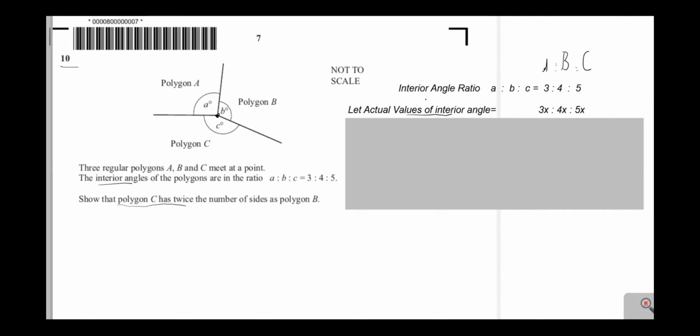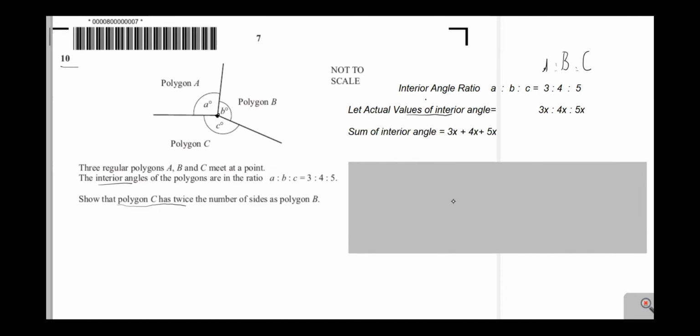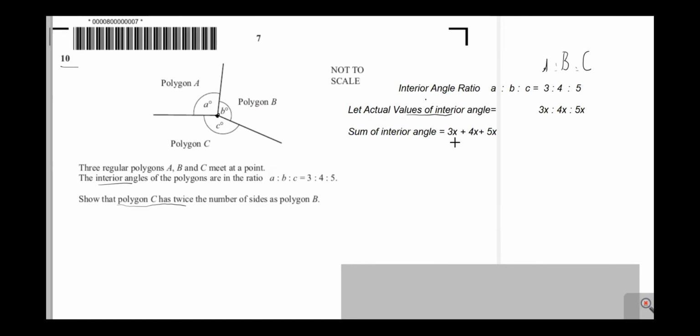Therefore, we can write the sum of interior angles 3x plus 4x plus 5x equals 360, and 3x plus 4x plus 5x equals 12x. Therefore, x equals 360 over 12, and x is equal to 30.